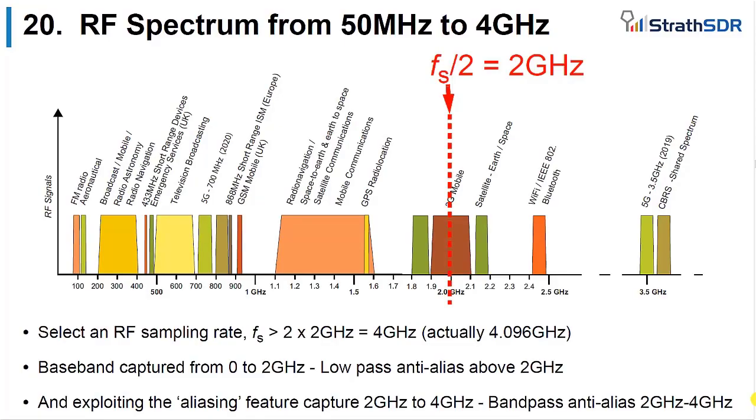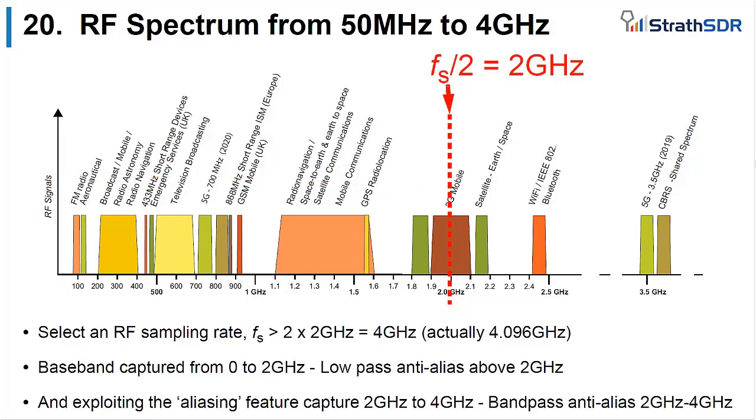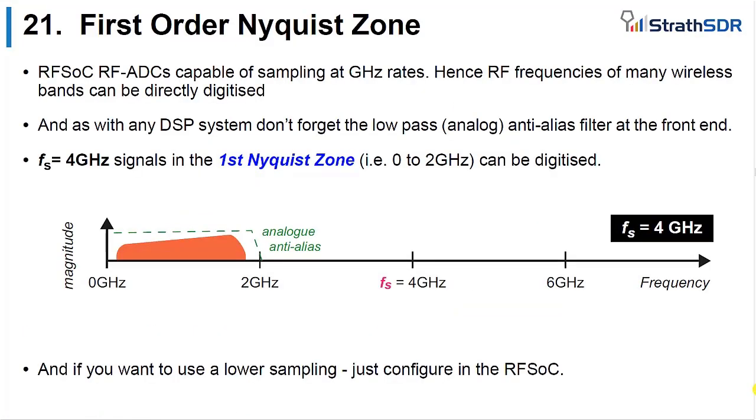So the RF spectrum we looked at before, and if I would like to be retaining all information here, what I showed you in the last presentation was, yep, that's all very possible, and all we have to do is make sure that we sample with an anti-alias filter across 0 to 2 gigahertz. So get all the information from 0 to 2.